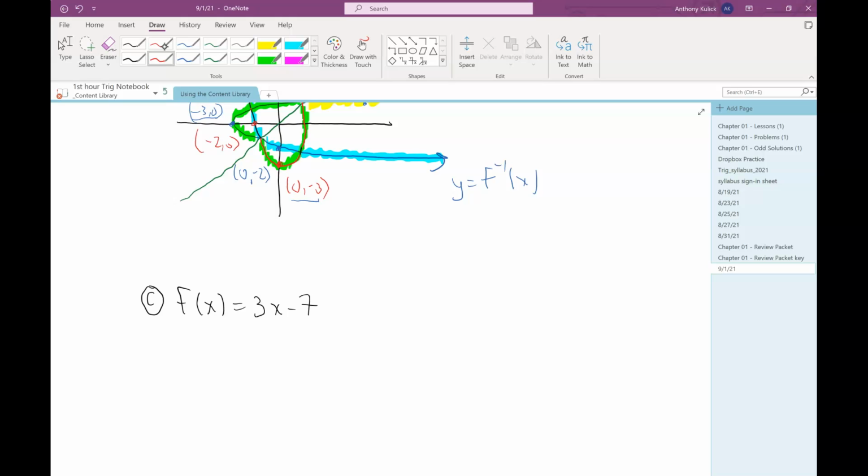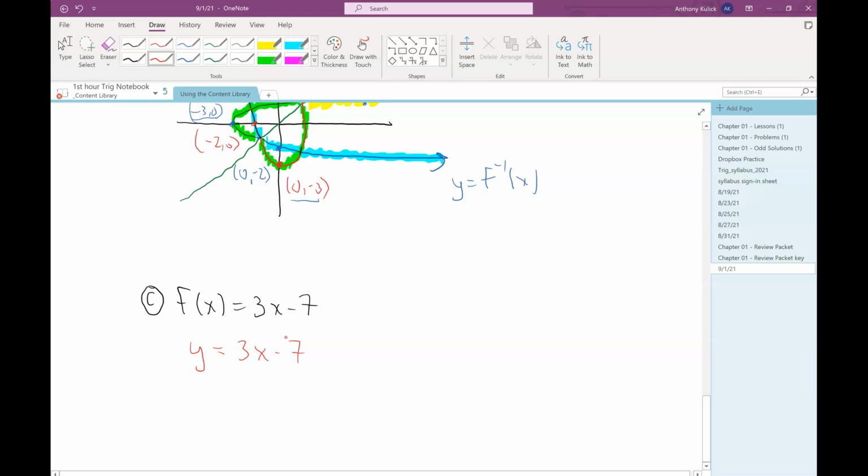So this is the process when you're given an equation to deal with. You first start by getting rid of the function notation. So we just replace the f of x with y equals. Then we're going to use algebra to get x by itself.